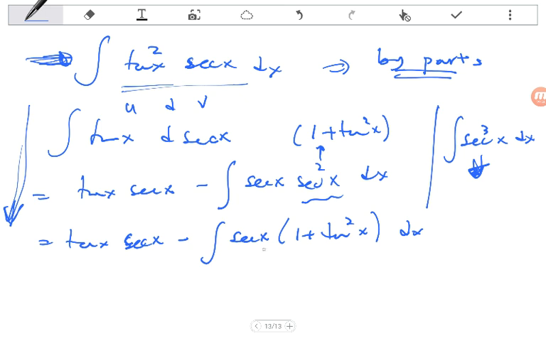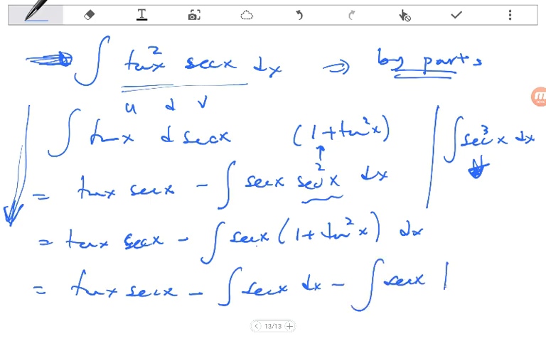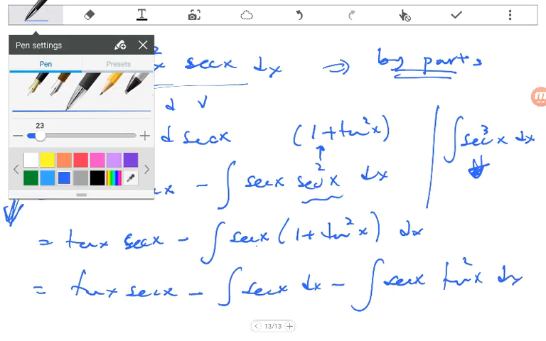Now this sec multiplied by 1 plus tan squared will be tan x sec x minus integration of sec x dx minus integration of sec x tan squared x. What is sec x tan squared x?